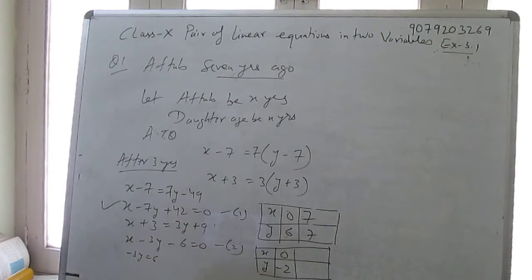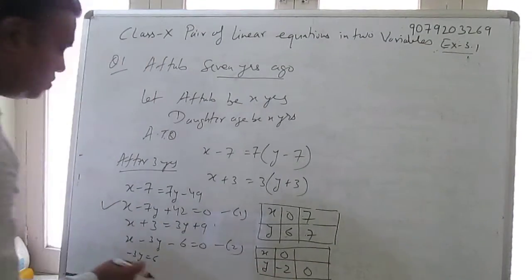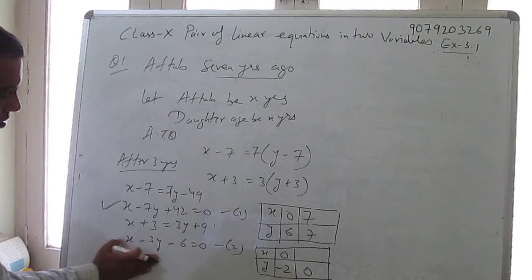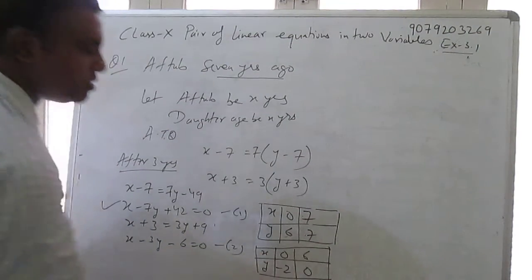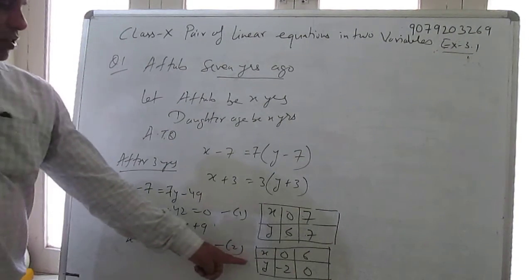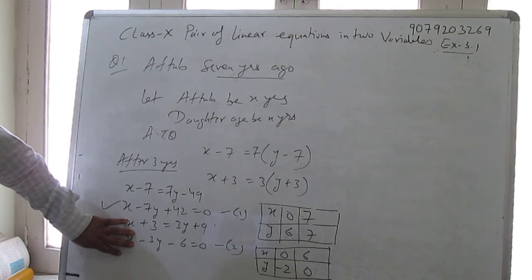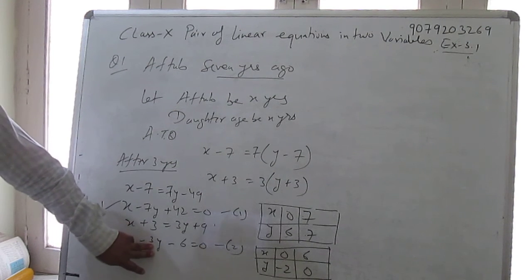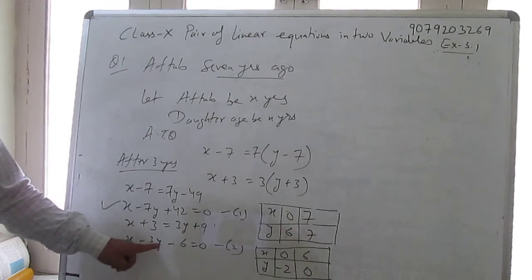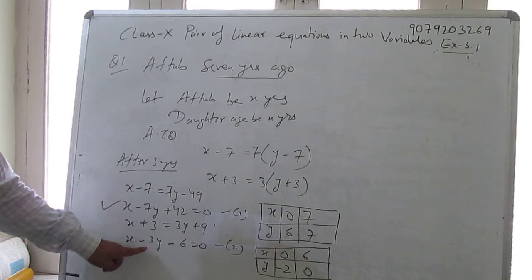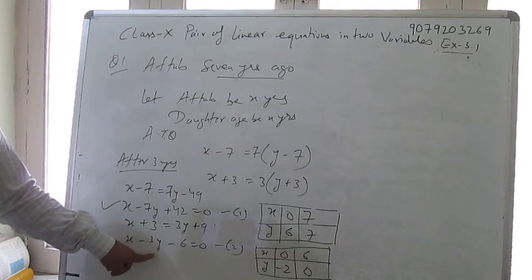If I take y is equal to 0, then what does x become? 6. You check. If you substitute it here, the right hand side becomes 0. Check: 0 plus 6 minus 6, 0. If we put 6, x as 6, minus 6, 0.